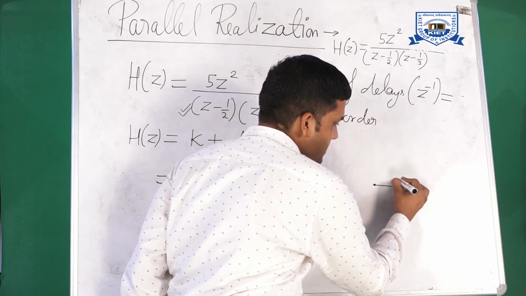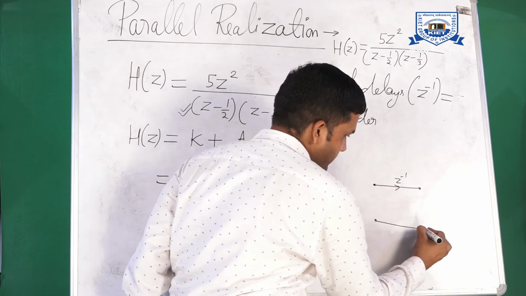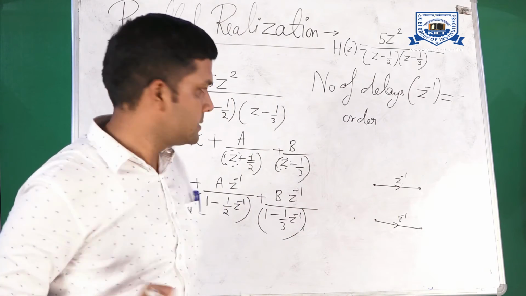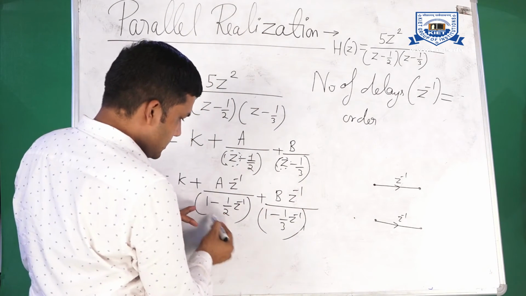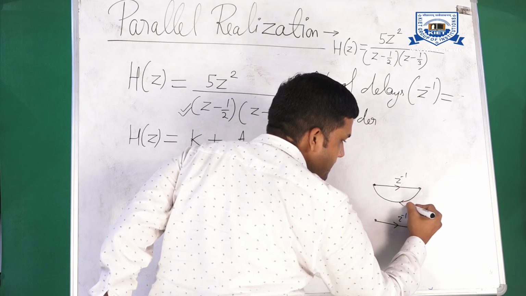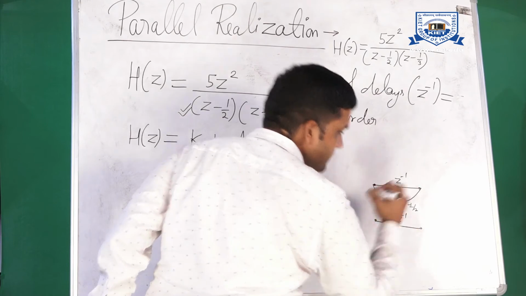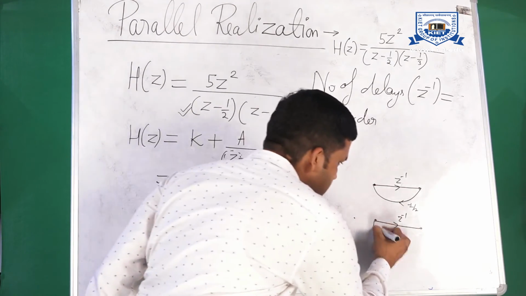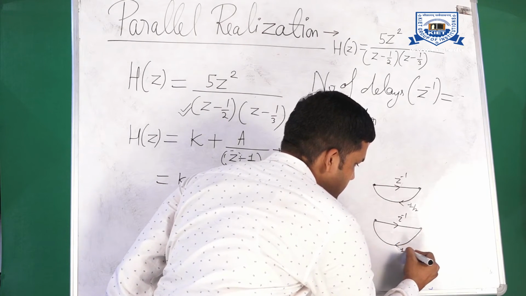First of all draw the z inverse. Only 2 z inverse are used for canonical structure. Now 1/2 z inverse and here 1/3 z inverse.